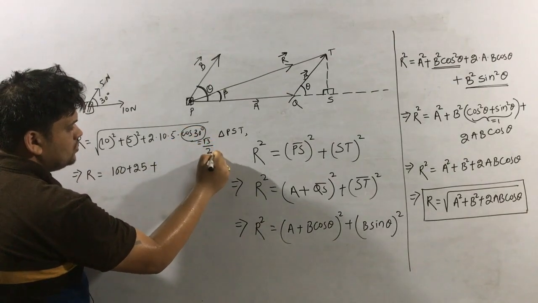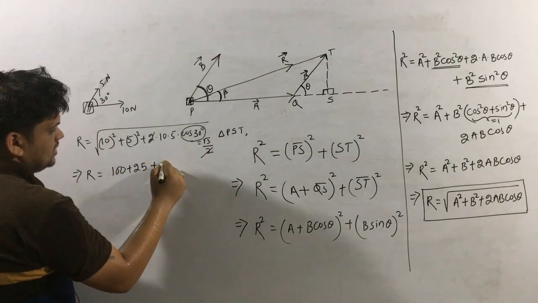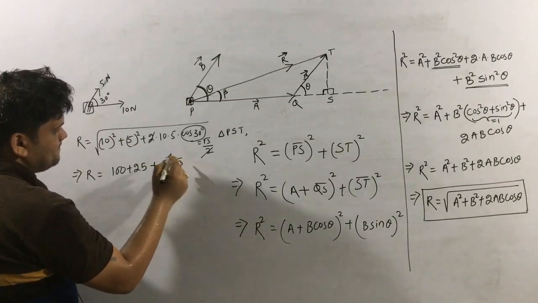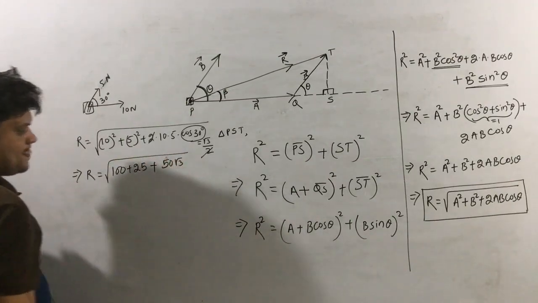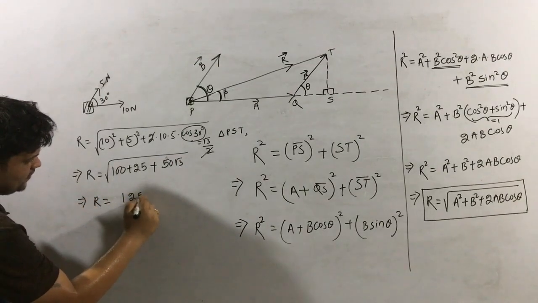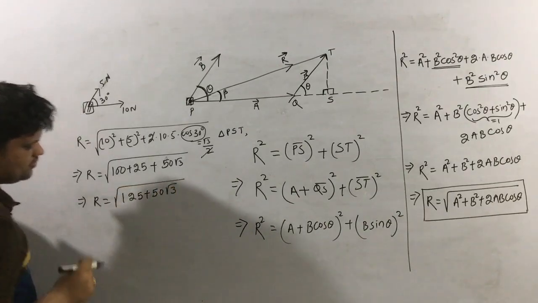Root 3 by 2. So these 2 and 2 cancel out and it is 50 root 3, or R equal to root over of 125 plus 50 root 3.